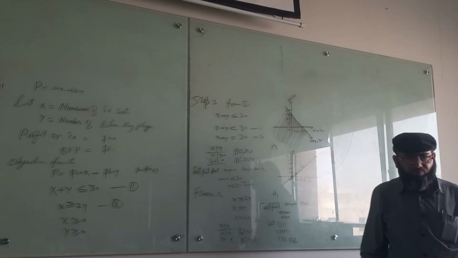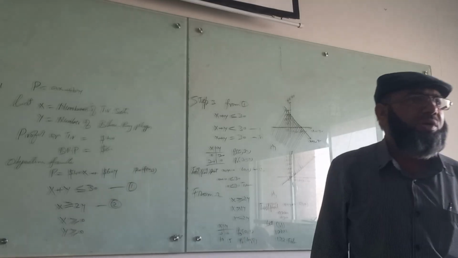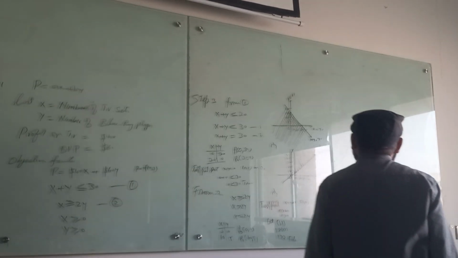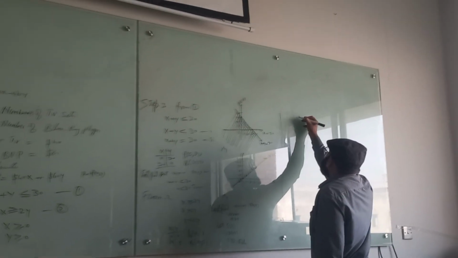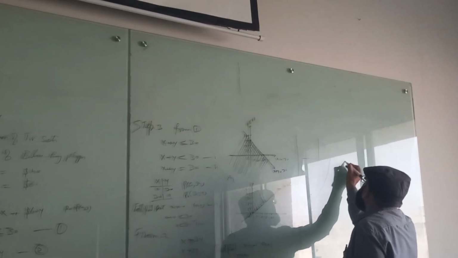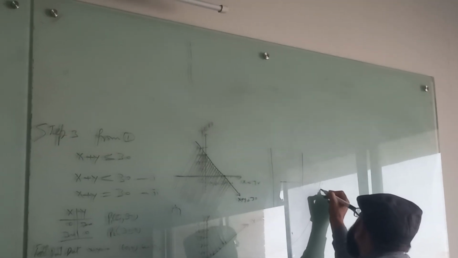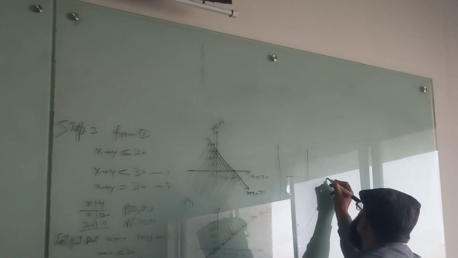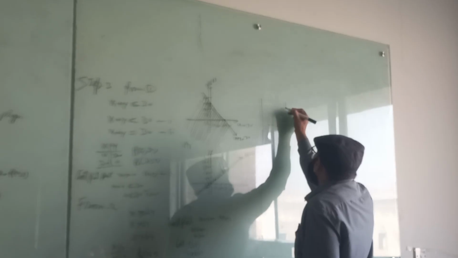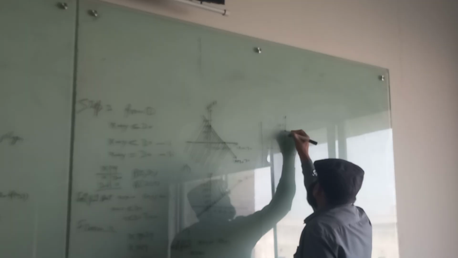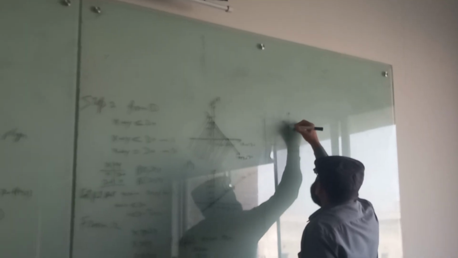Now the last step, overlap these two graphs. One is here, origin 10, 20, 30, 40. This point is 10, 20, 30, 40. Point is this. This is the first graph.